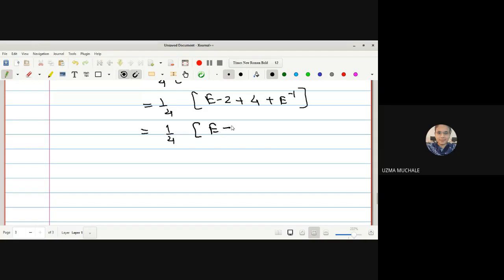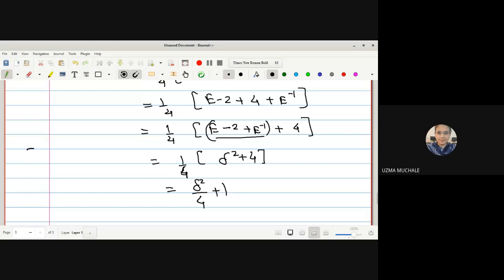What is e minus 2 plus e raised to minus 1? Tell me, from the last formulas that we have written. This is nothing but your del square plus 4. And hence, taking 1 by 4 inside the bracket, it is del square by 4 plus 1.